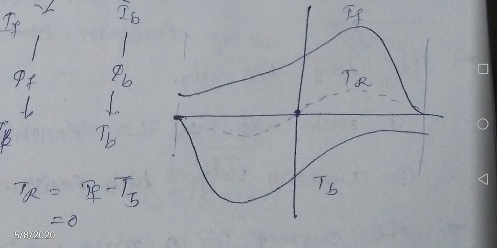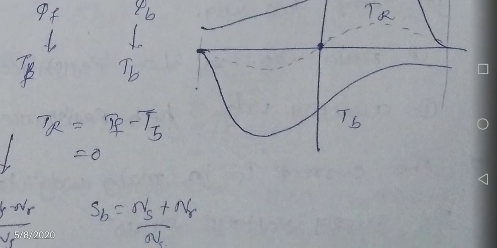Two currents are produced, forward and backward; due to the forward current, forward flux and forward torque are produced, and due to the backward current, backward flux and backward torque are produced. These two are equal and opposite in direction, so the net torque developed here is 0.